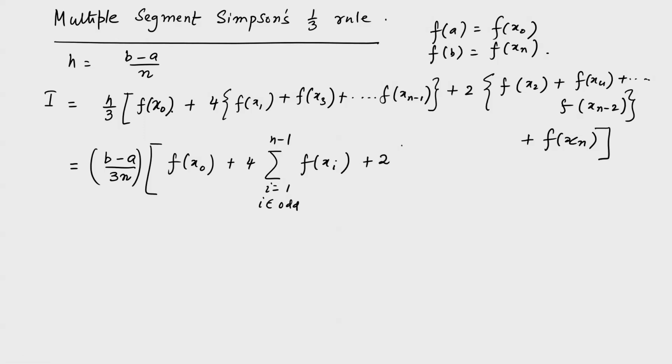Then I have i from 2 to n minus 2, with f of x i with i being even, plus f of x n.